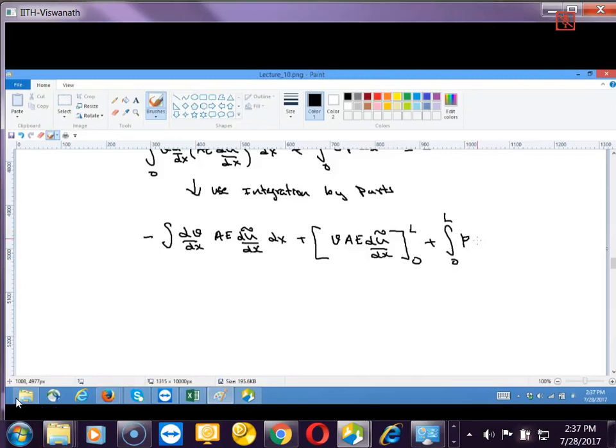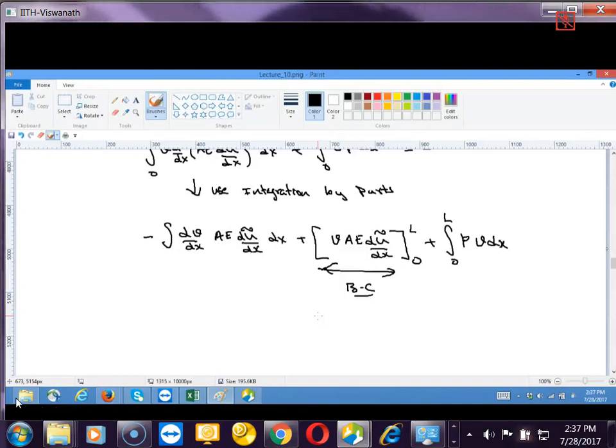Now if you look at it, the upper and lower limits will give us the boundary conditions. Okay, so that means our boundary conditions are nothing but either displacement constraints or the point loads. Those two can be accounted for from this.